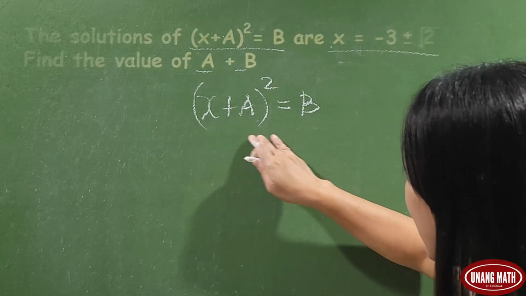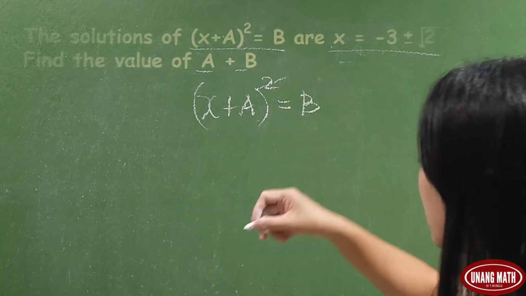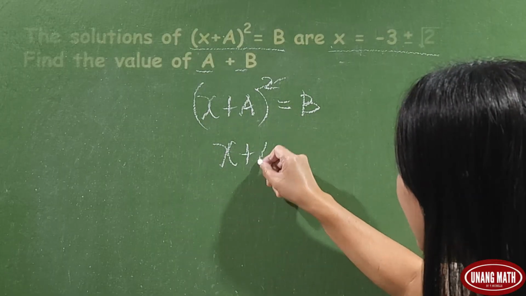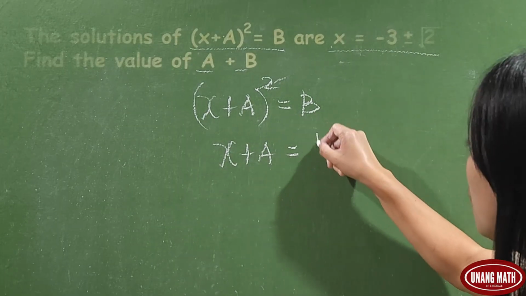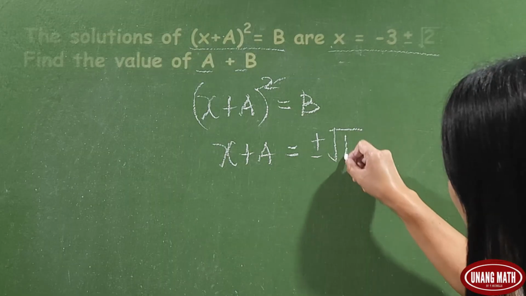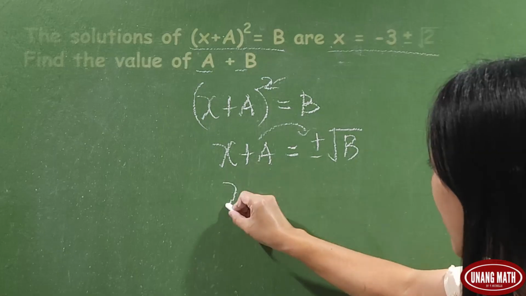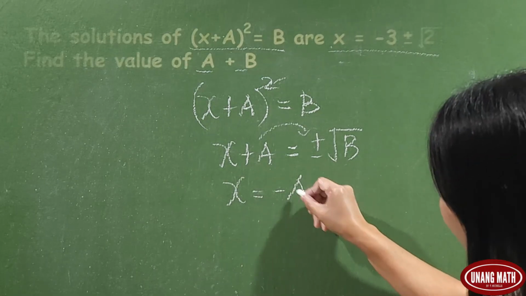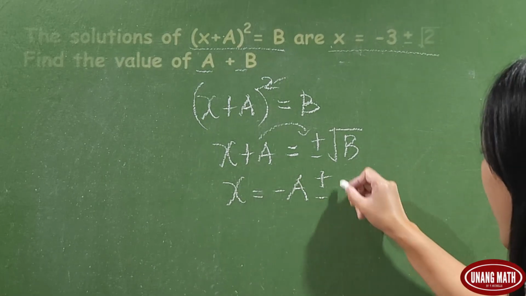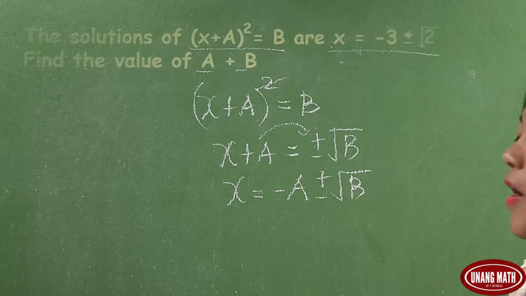So we will remove this exponent. Then we have x plus a is equal to plus or minus square root of b. Move this a to the other side. x is negative a plus or minus square root of b.